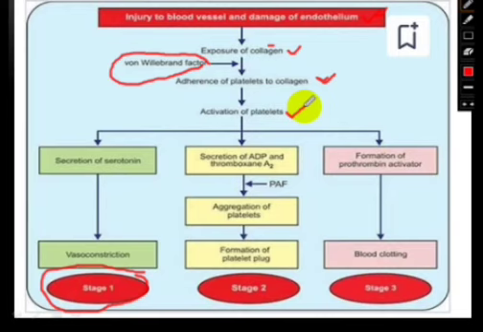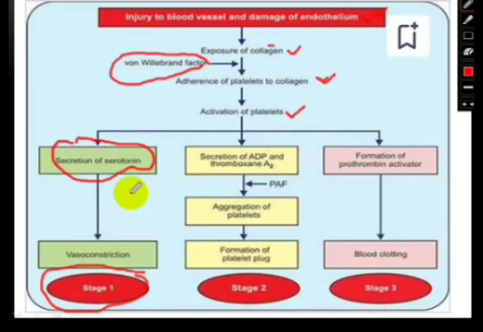As soon as platelets adhere to the exposed collagen, they automatically become activated. The activation of platelets will then lead to the secretion of a substance known as serotonin.